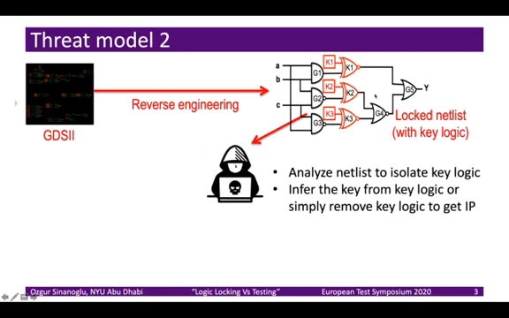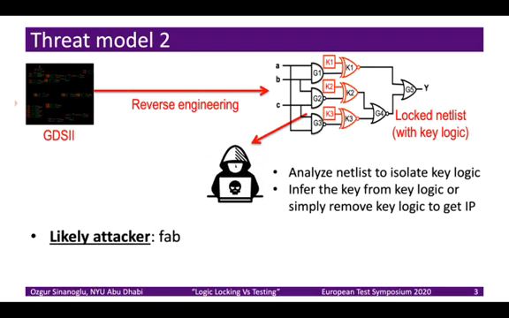So he or she is just looking at this netlist and trying to figure out what these key bits, K1, K2, and K3, must be. All sorts of netlist analysis the attacker can apply, such as signal probability analysis. The goal is to understand the key bits from the netlist structure.